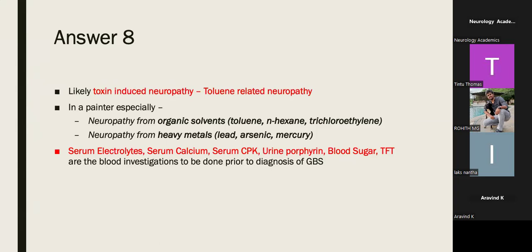The diagnosis would be a toxin-induced neuropathy, probably toluene related. In a painter, there can be many toxins involved. It can be organic solvents or heavy metals. Organic solvents like n-hexane, trichloroethylene, and toluene are known to cause neuropathies, as well as arsenic, lead, and mercury, which can be seen in various paints.